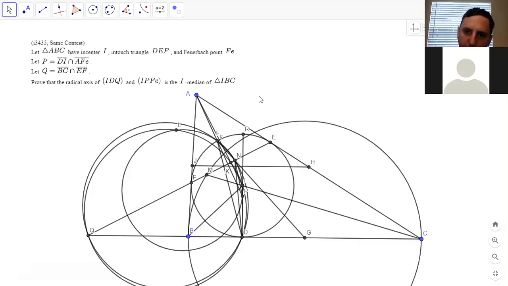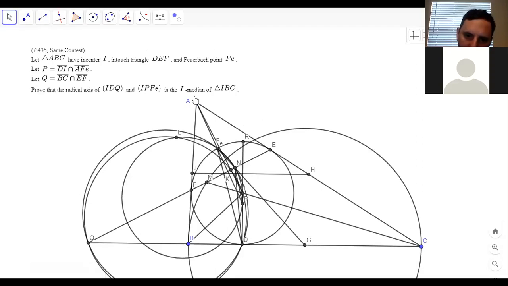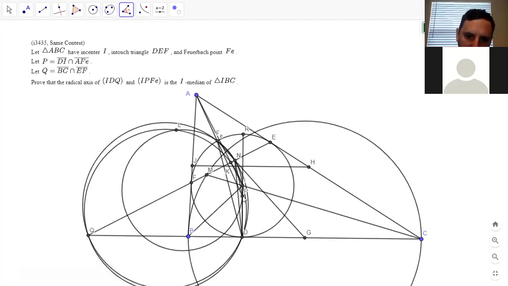So we wanted to show that PNF equals GNE. Let's see. P, and it keeps clicking K. FNP and ENG.